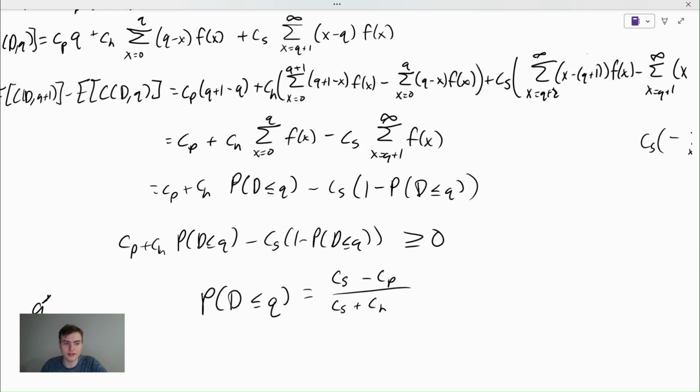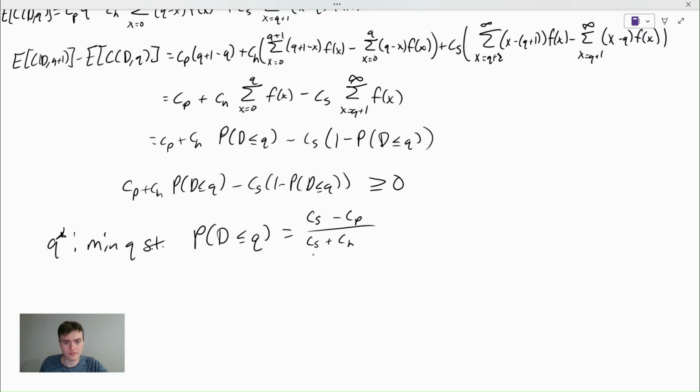So Q star is the minimum Q such that, sorry, this one's less than or equal to sign, so that shouldn't be equal sign, it should be greater than or equal to sign. And this probability D less than or equal to Q is called the CDF, also denoted as capital F of Q, right? So greater than or equal to this.